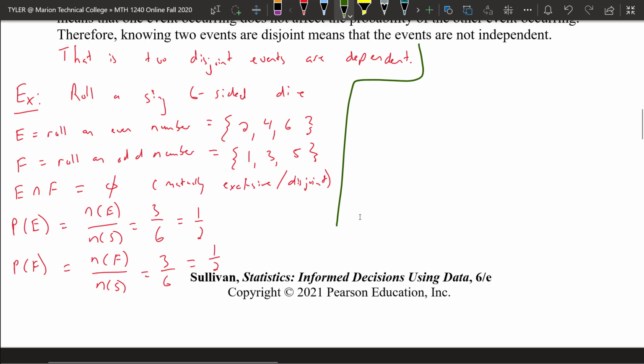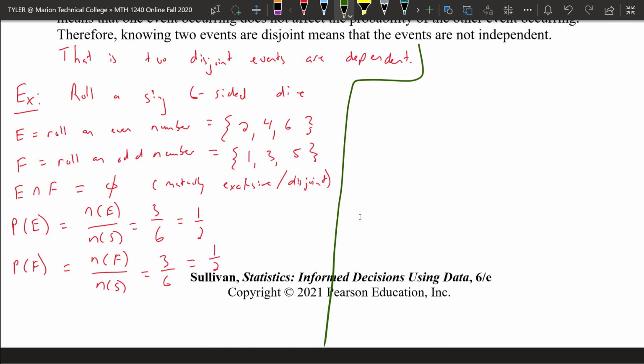Right? But what if we knew something about event E or F? In other words, if I knew something about E, would that influence the likelihood of observing F? And the answer is yes, that's going to happen.